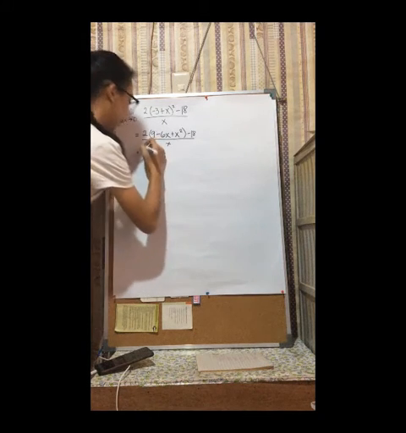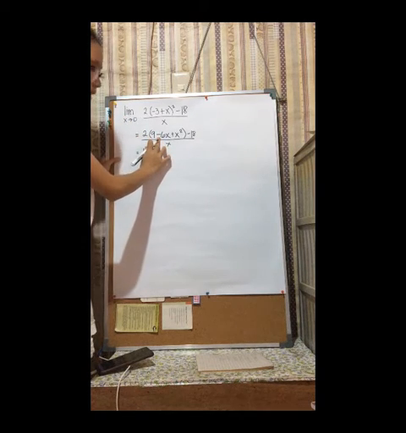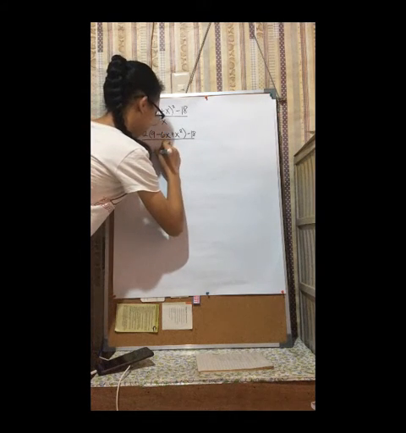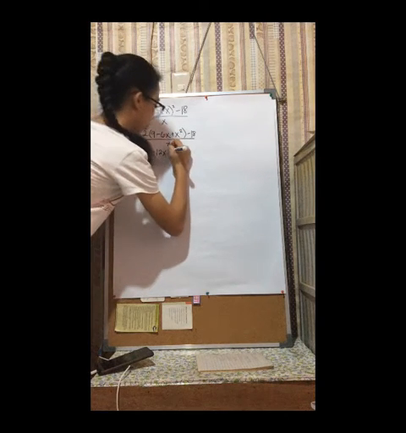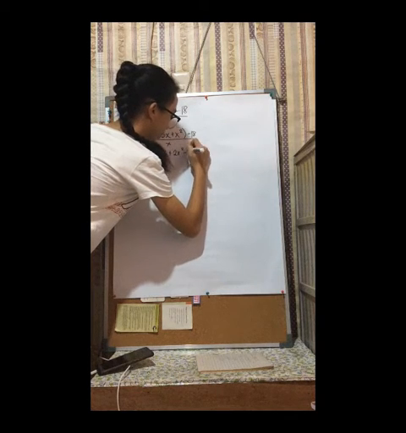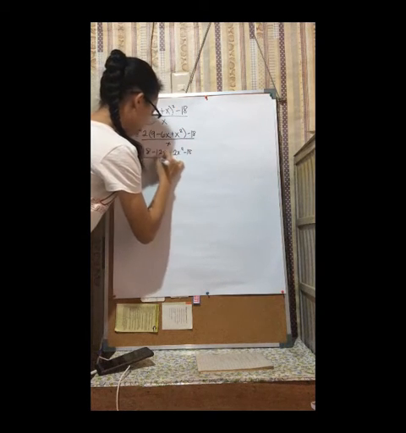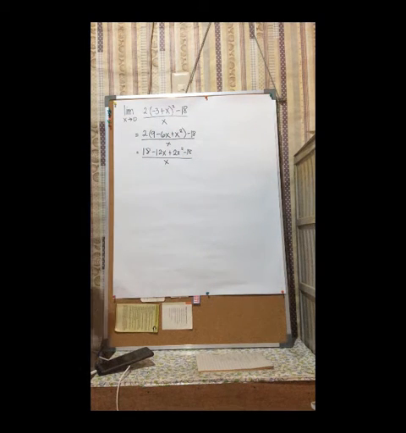So 2 times 9 is 18. 2 times negative 6x is negative 12x. Plus 2x squared, minus 18. And again, simply copy the denominator.